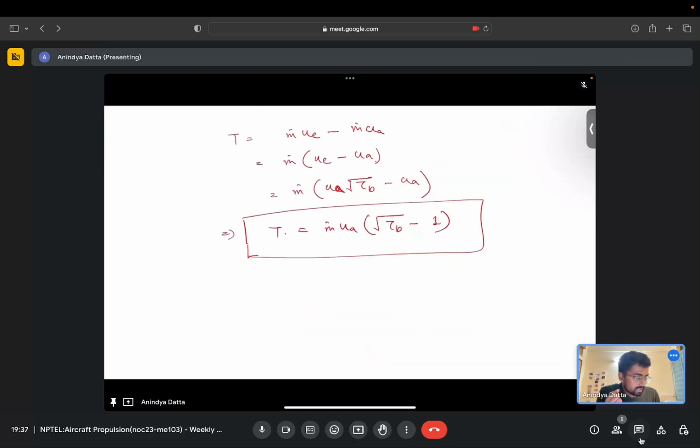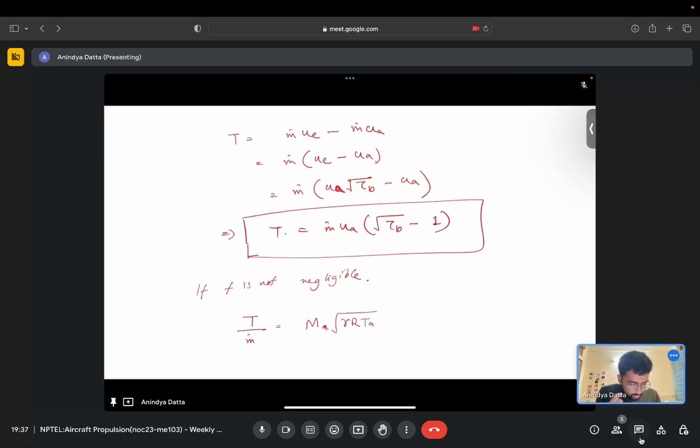Okay, so if F is not negligible, we will come out with an expression something like this: T by m dot is equal to ma times square root of gamma RTA.